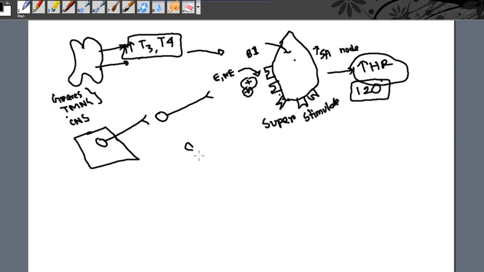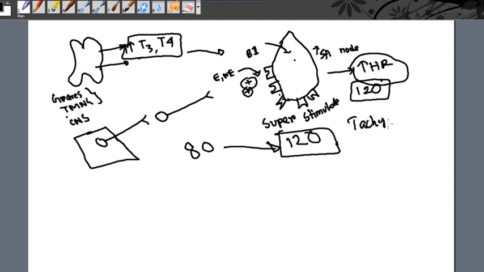Suppose previously it was 80, now it will go to 120. When the spontaneous depolarization rate of the SA node goes up, it will lead to tachycardia, and the person will tell you that they feel palpitation, right? Their heart is racing, they feel palpitation.